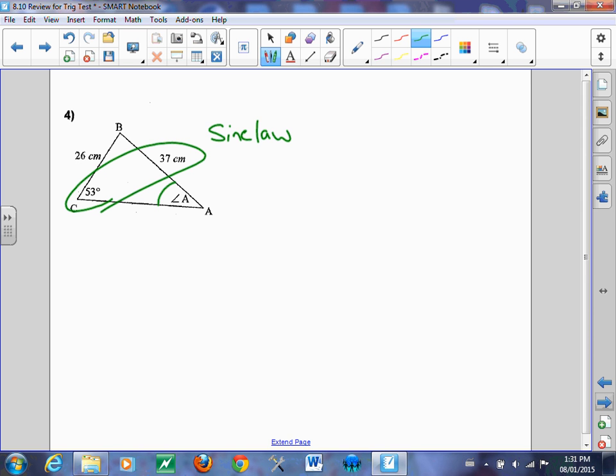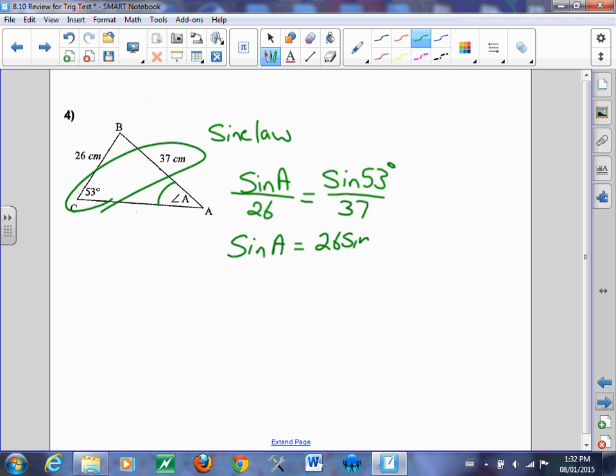Okay, so to find angle A, we're going to go sine of A over the side length A, which is 26, equals sine 53 degrees divided by the side length of our match, which is 37. Okay, isolate sine A by doing the opposite: what you normally divide by, you multiply by.